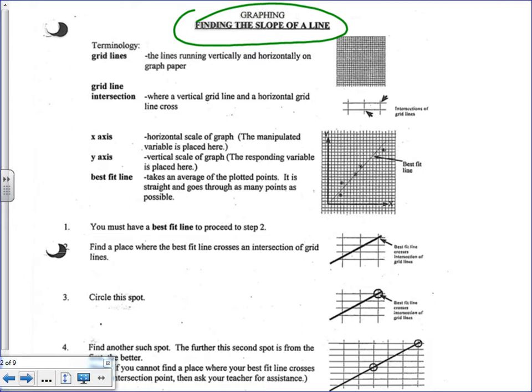So if, for example, I was investigating what we're going to do tomorrow, which is carts moving along the floor of the atrium, I would have position in meters and time in seconds on my graph. I'm going to be recording how far they go every 5 seconds. That's what we're going to do tomorrow. And so I'll have some points along my graph that look kind of like this.